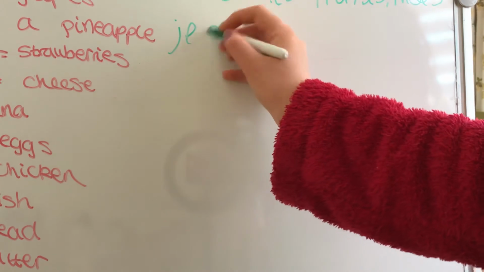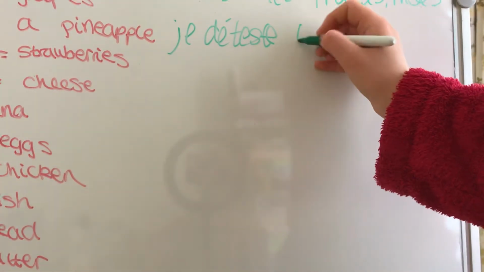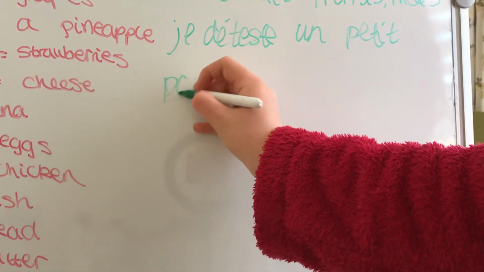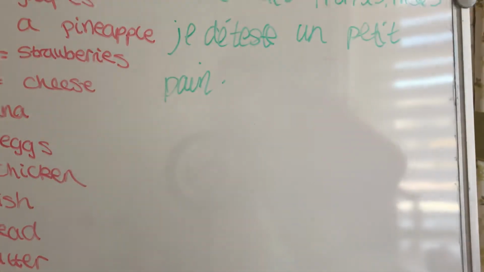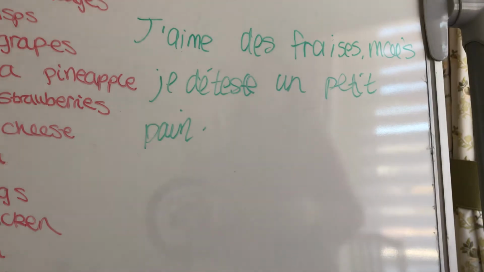Je déteste un petit pain. Okay, so that is how, oh I just realised you can't see all that, I apologise. That is how you can say what you like and what you don't like.